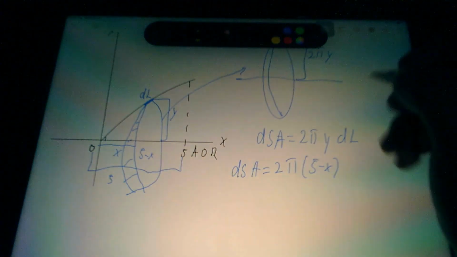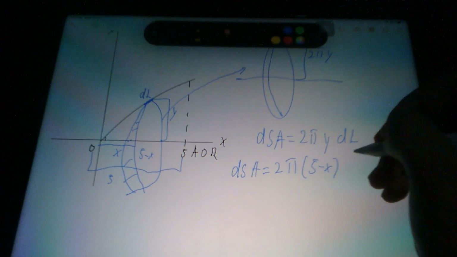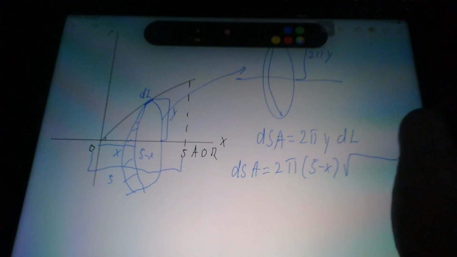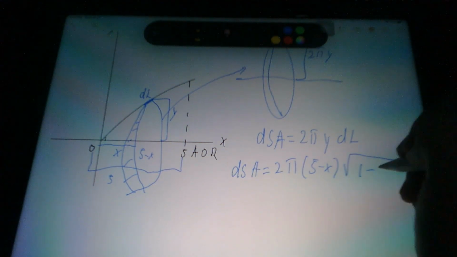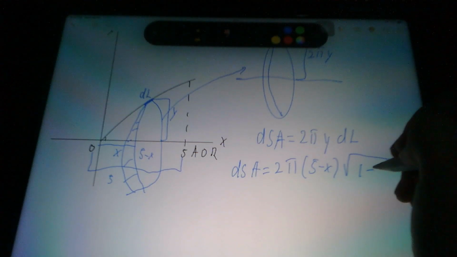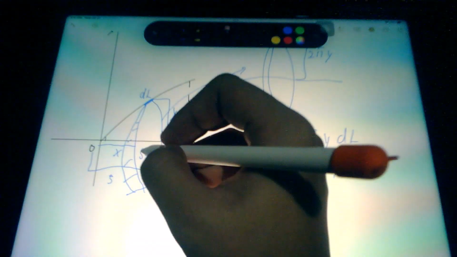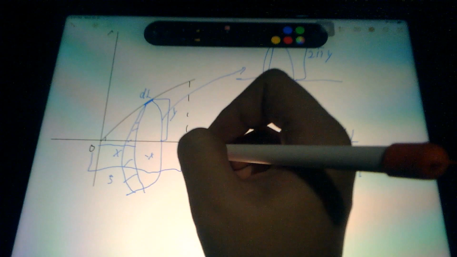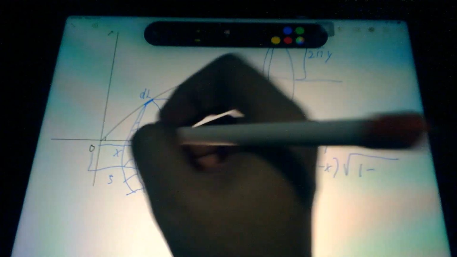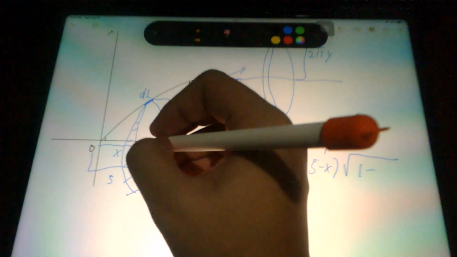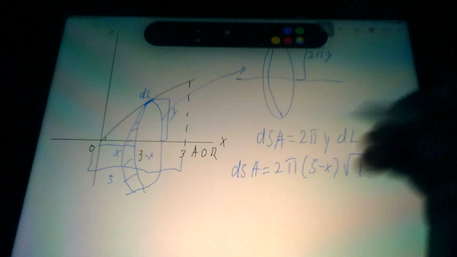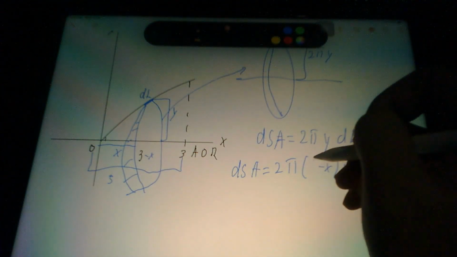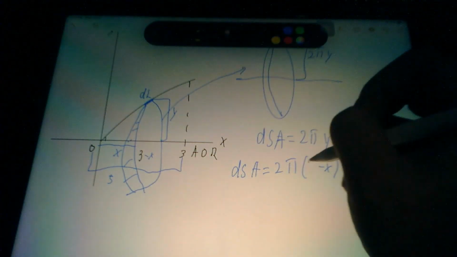So 5 minus x, dL is just the square root of 1 minus, let's say this is not 5 but this is 3, forgive me, this is 3, so 3 minus x, 3 minus x.